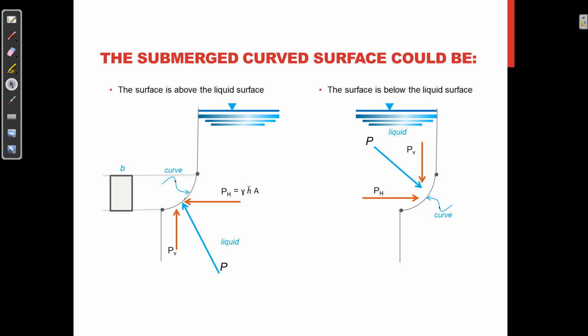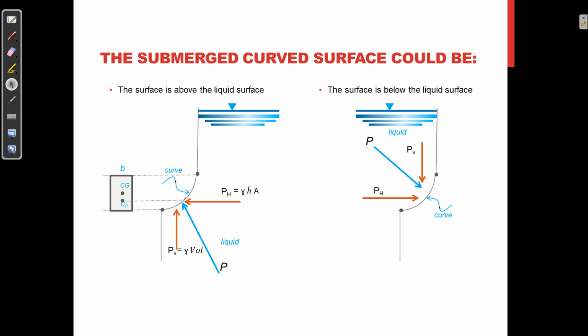Say this is the width of the gate or the curved surface. Of course, with that, there will be the center of gravity, as usual, and below that will be our center of pressure, where the horizontal component is concentrated.